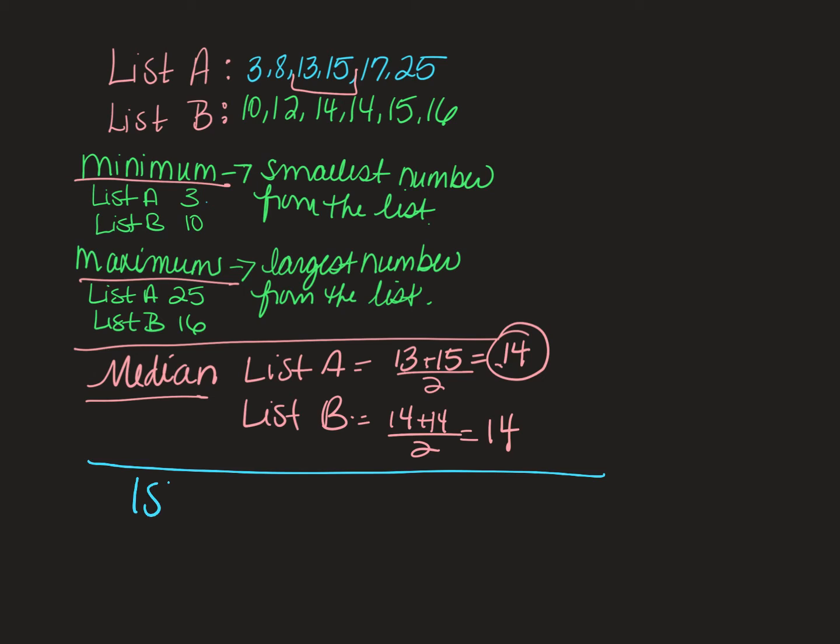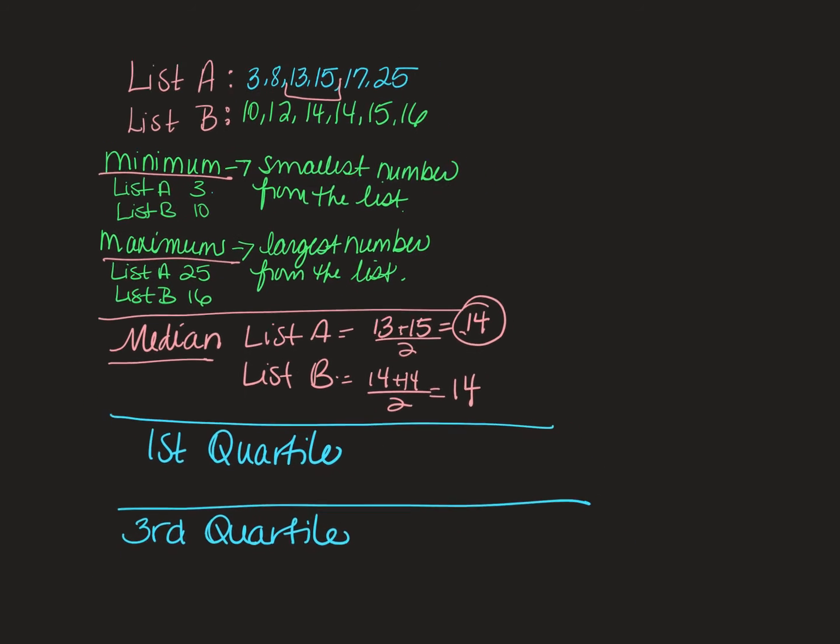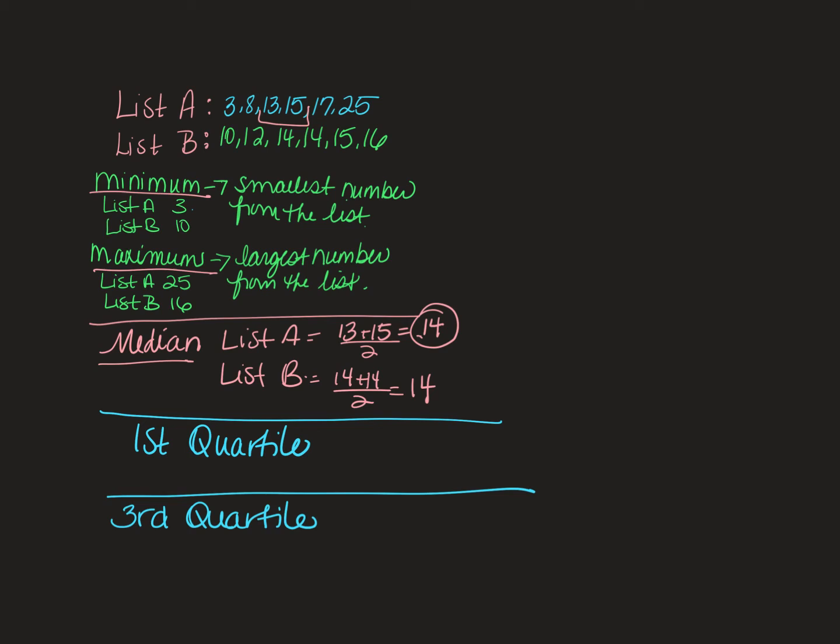So first quarter, or quartile, and the third quartile. You got to know this stuff, okay? Bear with me. Now, first quartile. Go back to the top of the page.